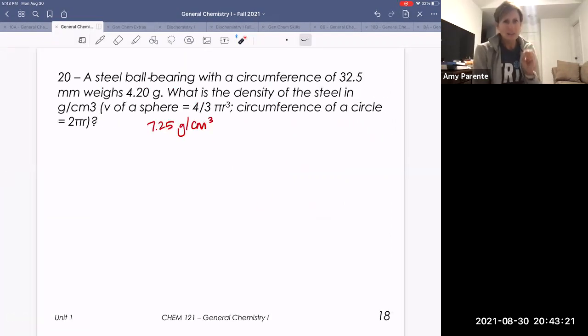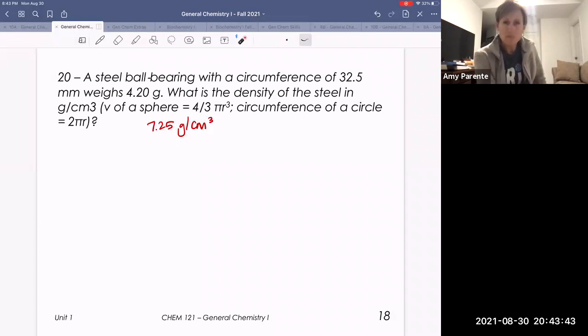So we've got a steel ball bearing. Think about a little ball bearing. I tell you what the circumference of it is, and I tell you what it weighs. I want to know the density of this steel ball bearing in units of grams per cubic centimeter, with the cube as a superscript.